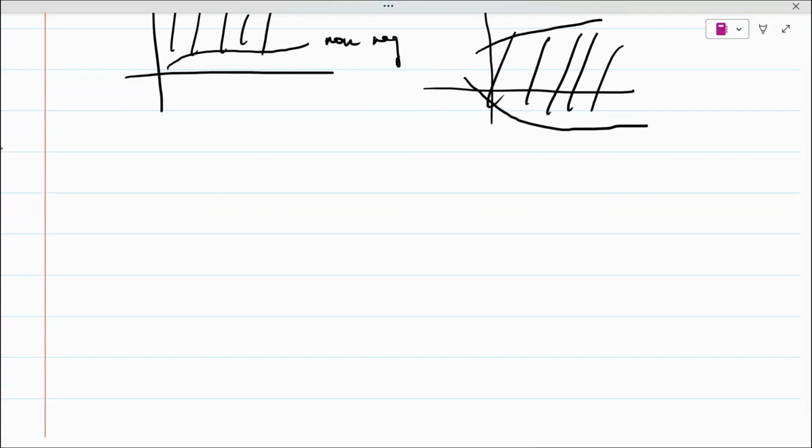Now we come to a theorem describing the above mentioned concept. Let me just write it down, then I'll state it.